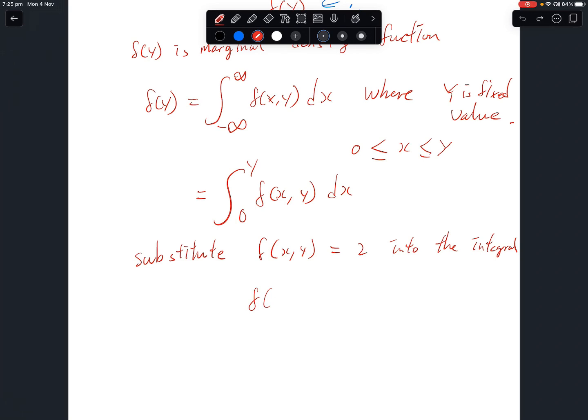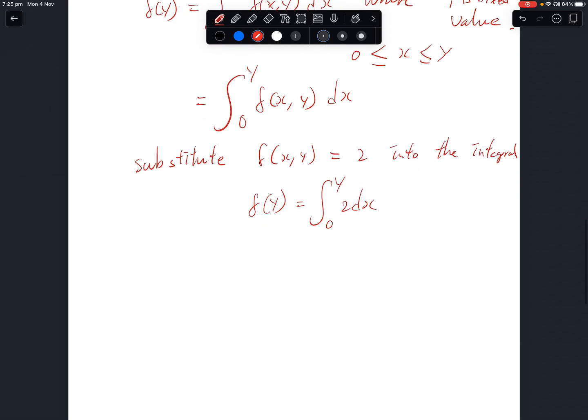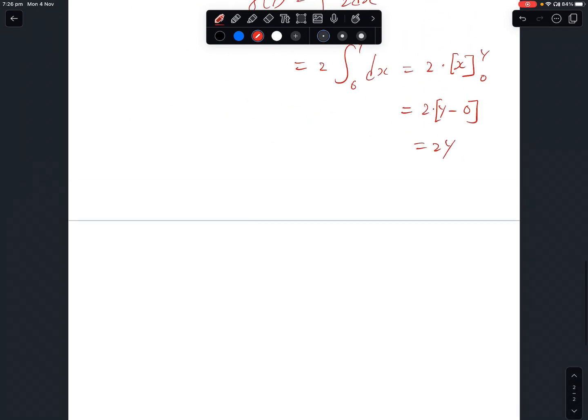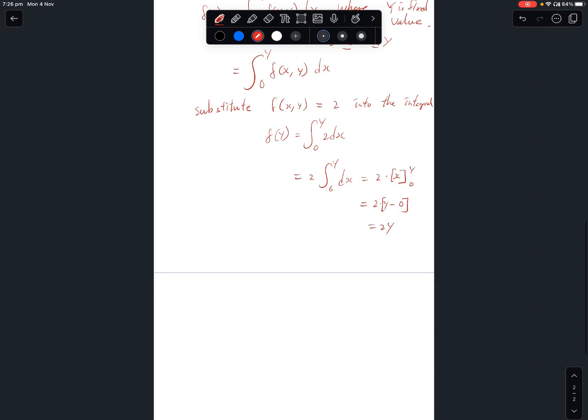So finally we got the integral of 2 with respect to x, and it's easy. Finally we got 2y.